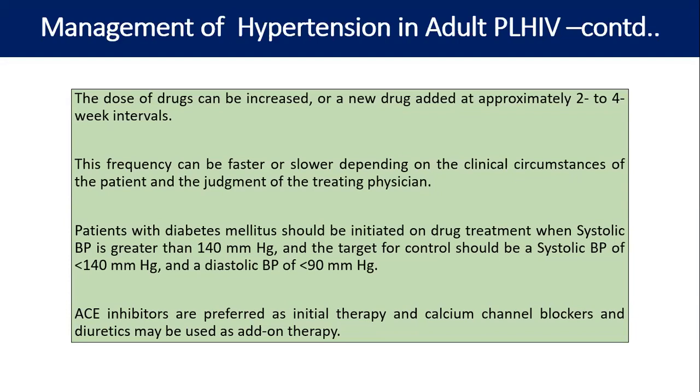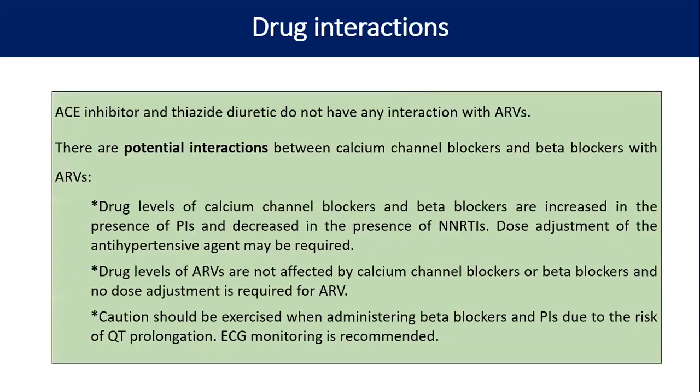In special cases, we can also go for beta blockers, particularly when the patient has, say, tachycardia or thyrotoxicosis. In a younger individual, ACE inhibitors are a preferred drug, while in the elderly, calcium channel blockers are also a preferred drug. So on a case-to-case basis, we need to select a particular antihypertensive drug for the management of hypertension.